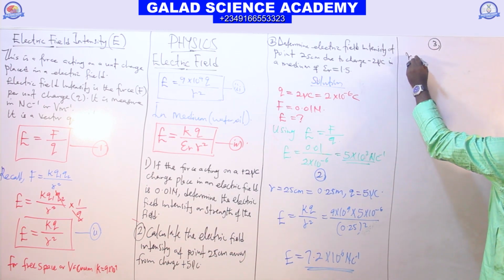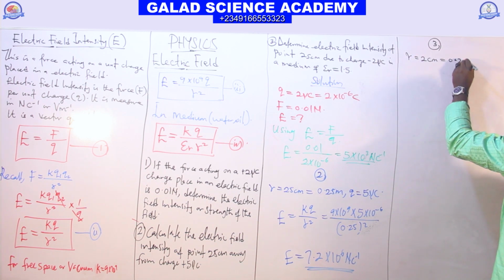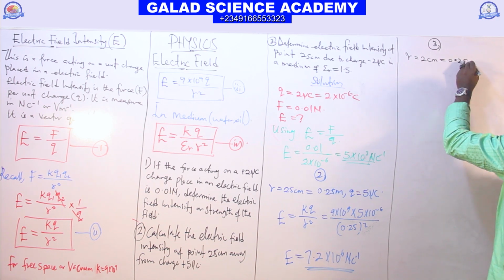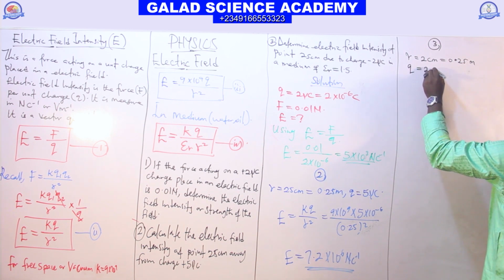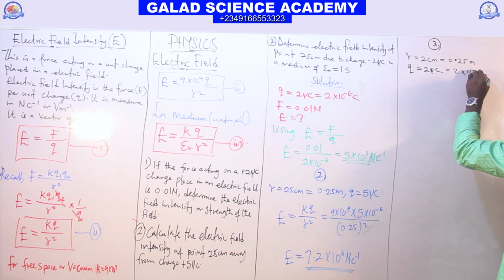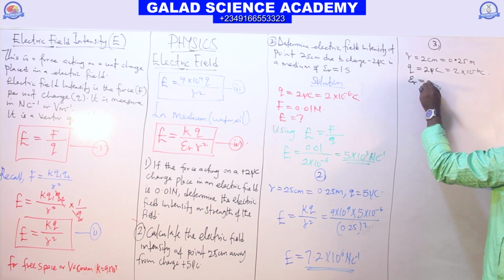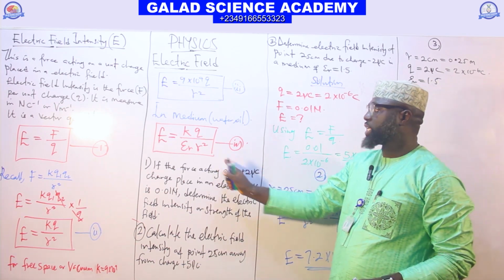We are given R as 0.25 meter, and Q as 2 microcoulomb, which is equal to 2 times 10 raised to the power minus 6 coulomb, and the medium is 1.5. Which formula do we use? We apply this last formula.